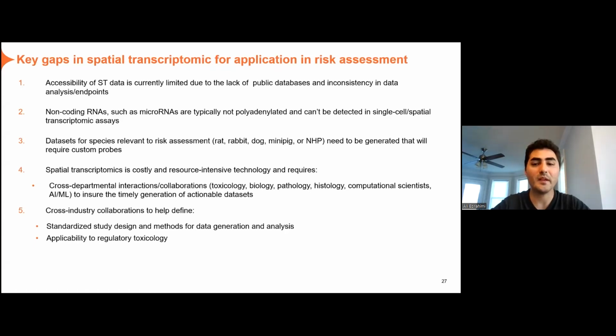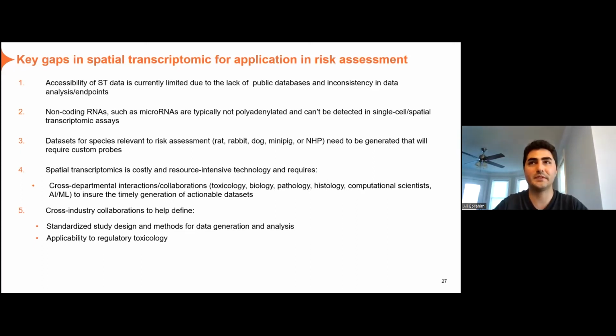toxicology. On the other hand, one factor is that spatial transcriptomics is costly and resource intensive, and within a single organization it requires collaboration and interaction across various departments, from toxicology, pathology, histology, computational support, and also data support in terms of handling the data.